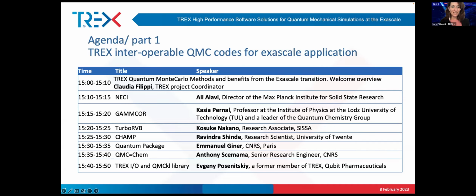He is from CNRS and contributed to the Quantum Package code, but he will be represented by Anthony Scemama, Senior Researcher Engineer at CNRS, who will also introduce QMC=Chem. And last but not least, Evgeny Posenitskiy will give an overview of the 2 libraries developed within the project.